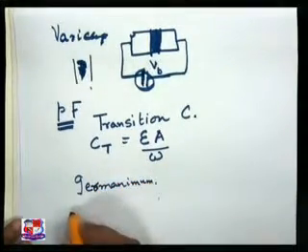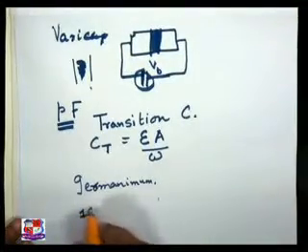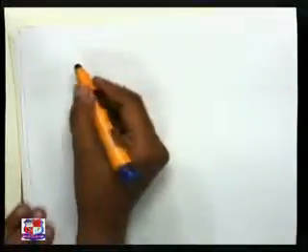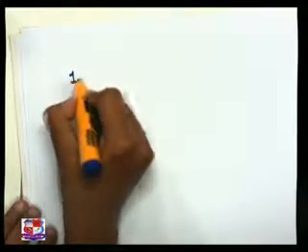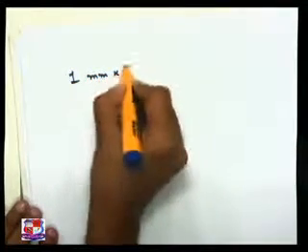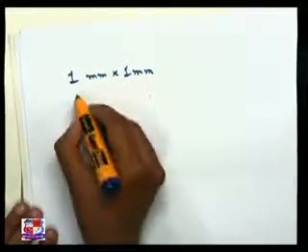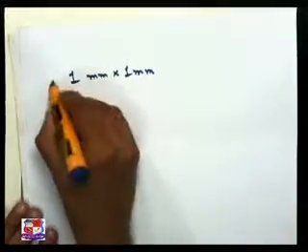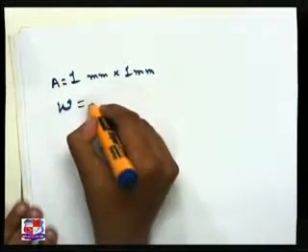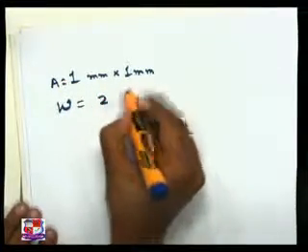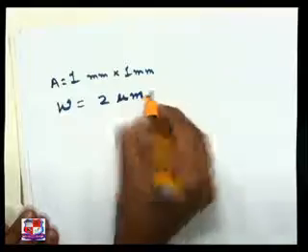The relative permittivity of germanium is 16. Now we are given that the diode has an area of 1 millimeter by 1 millimeter, and the depletion region width W, where this is A and this is W, is 2 micrometer.